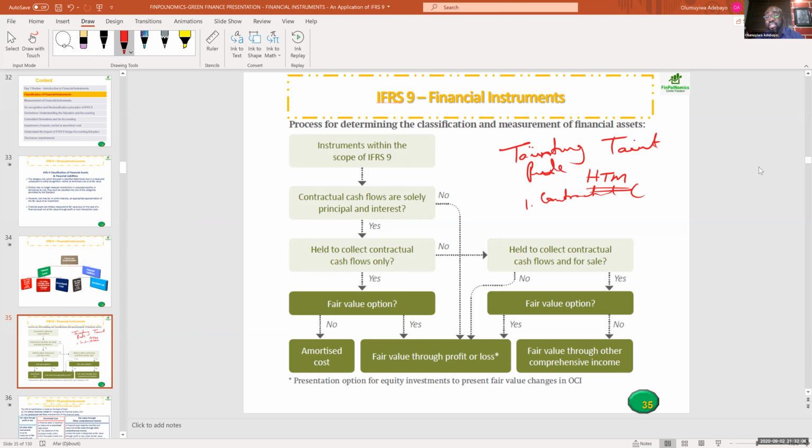Second is a security which you have the ability and capacity to hold to maturity, which means no matter the condition, you are expected to hold this instrument to maturity, so that you only enjoy, solely by way of cash flow, the contractual interest and the contractual principal, which means you cannot decide to dispose of or sell off this asset during its lifetime.